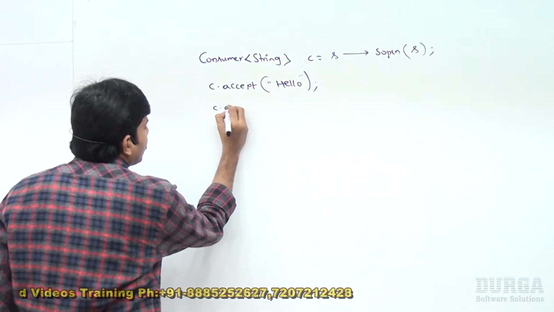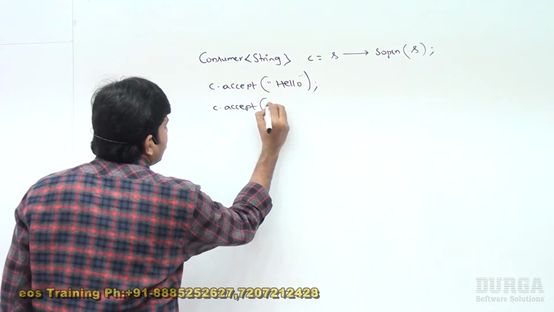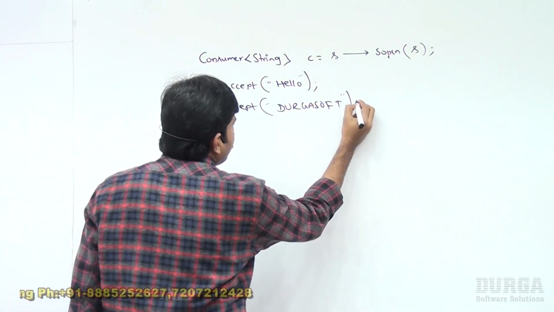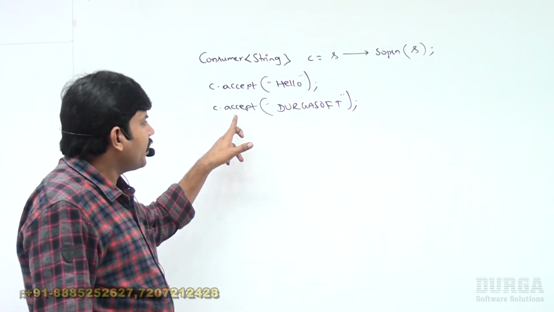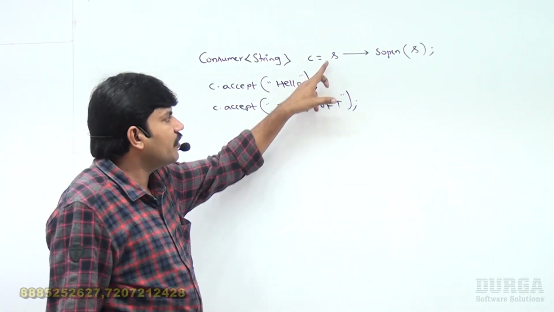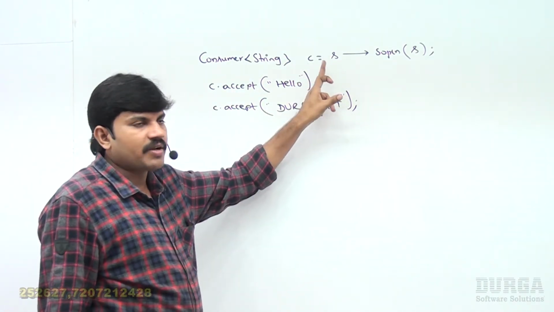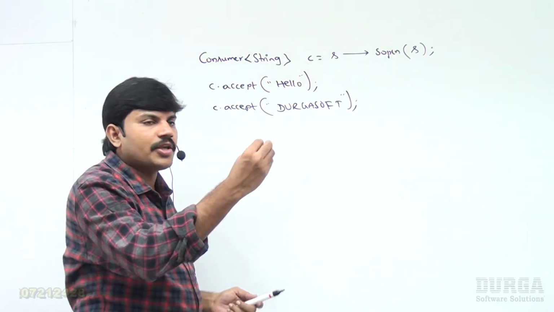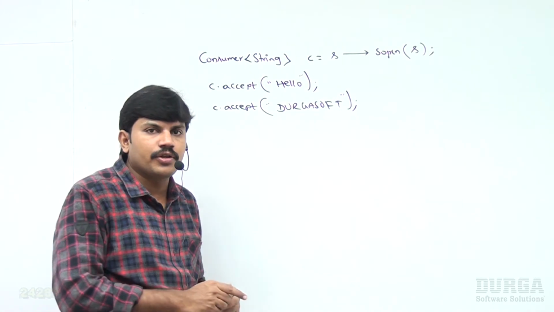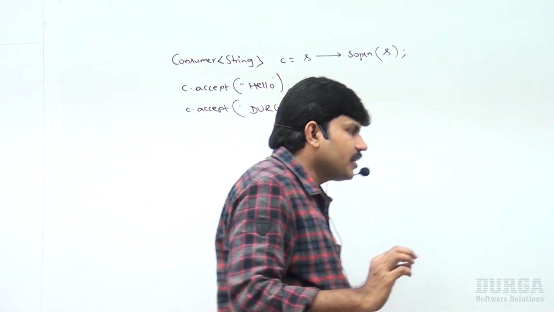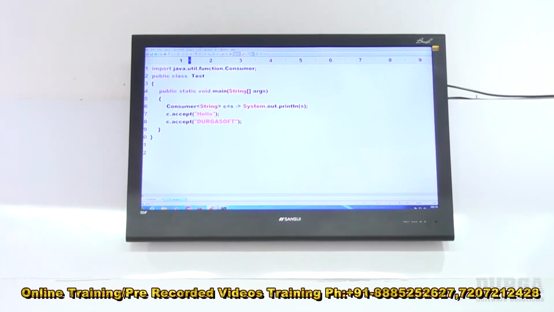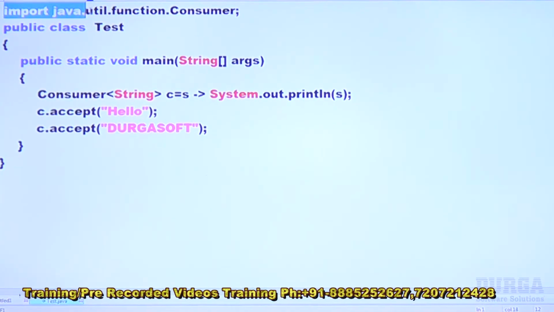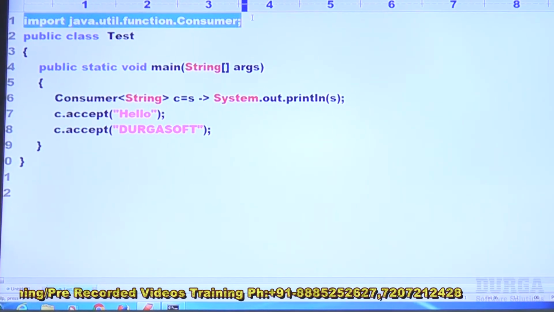Similarly, c.accept("Durgasoft"). Now it will become the value, and it's just going to print that. Let me execute this small example. Import java.util.function.Consumer.